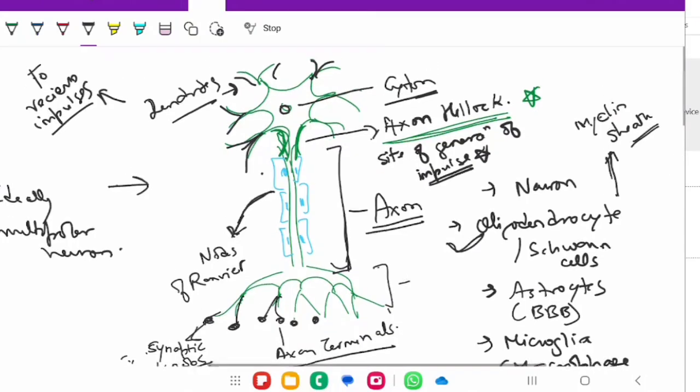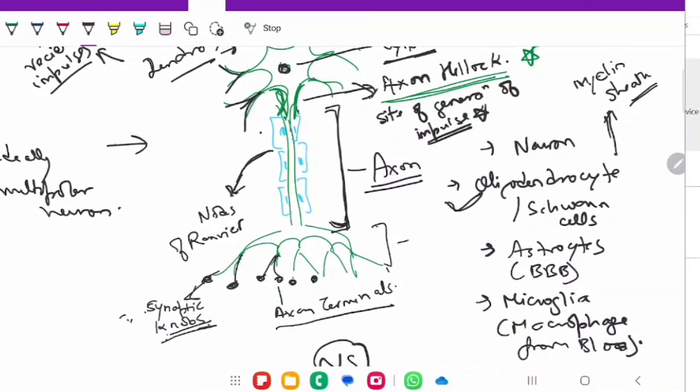Again, we'll revise it. This star-like structure is the cell body, with the nucleus in the center. Branch-like dendrites, whose job is to receive impulses. The axon hillock, which will generate the impulse. Then you have an axon through which the impulse gets transmitted in this direction. In between we have nodes of Ranvier, which serve an important purpose in local anesthesia as well as the electrophysiology of the neuron.